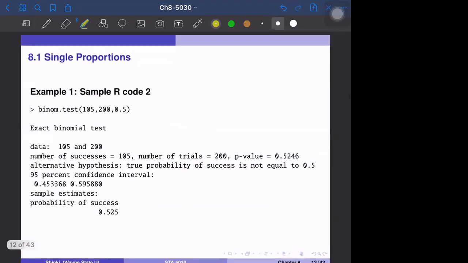Another way to test the sample proportion in R is using the binomial.test function. This doesn't use any approximation.